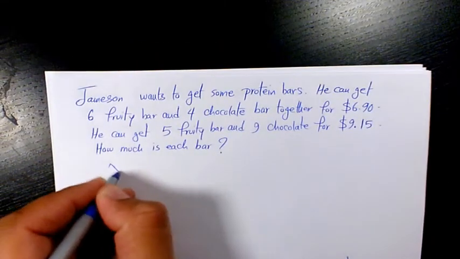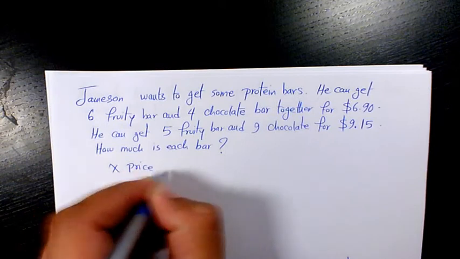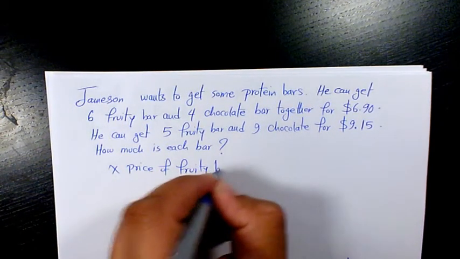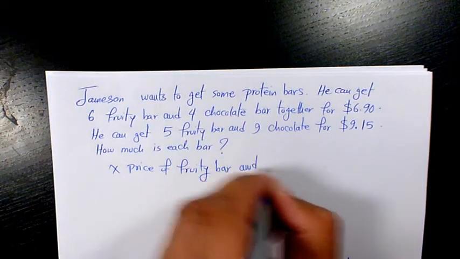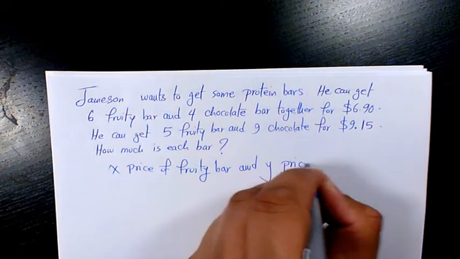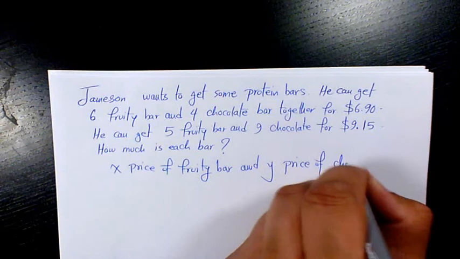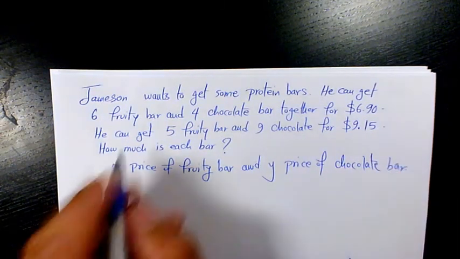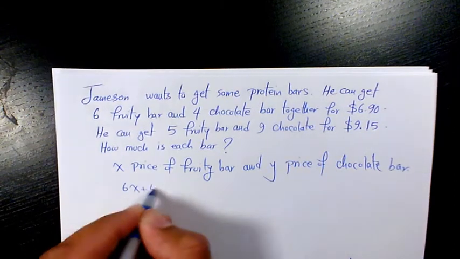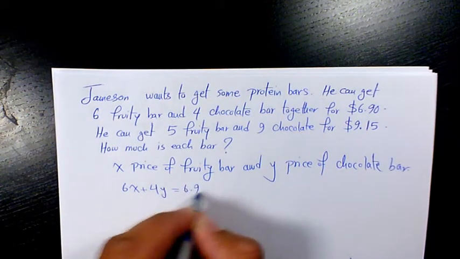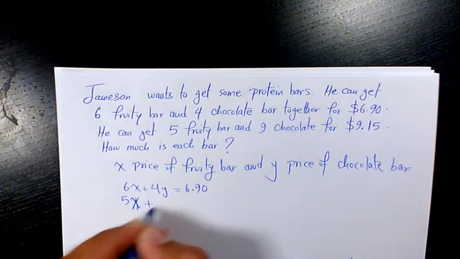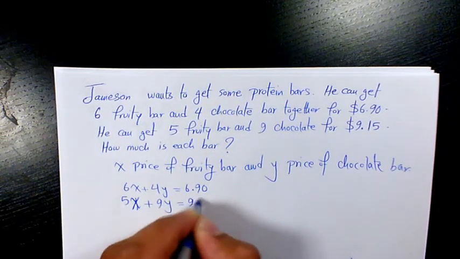So let's say x be the price of a fruity bar and y the price of a chocolate bar. So I'm going to say 6x plus 4y equals $6.90, and we have 5x plus 9y equals $9.15.